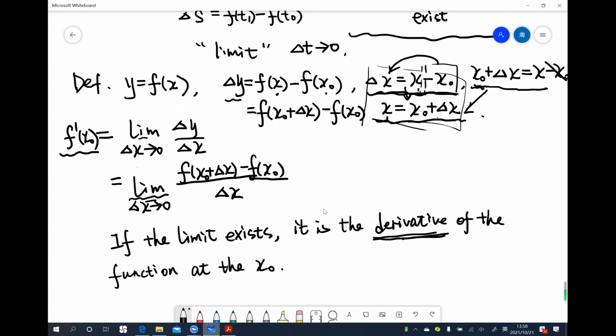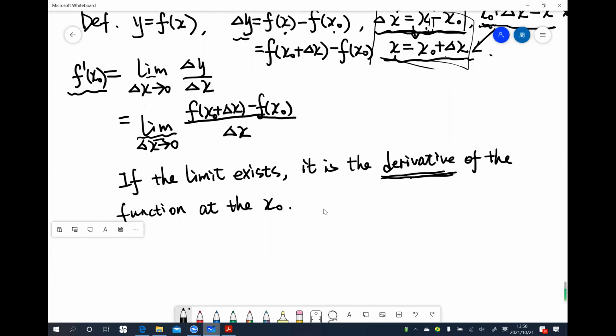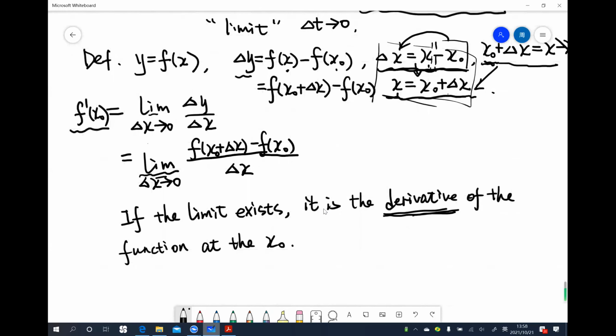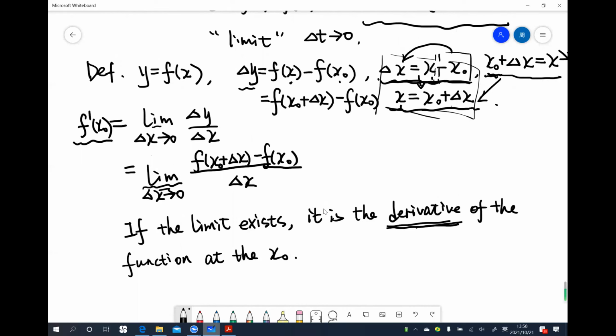And more: because delta x equals x minus x0, as delta x approaches 0, we know that x minus x0 approaches 0, right? So that means x approaches x0.